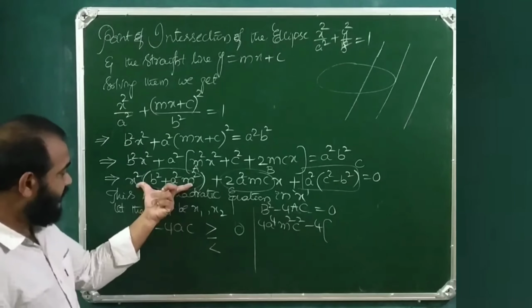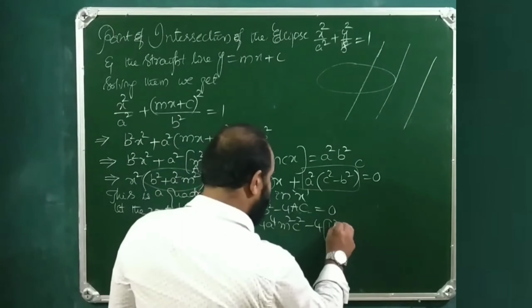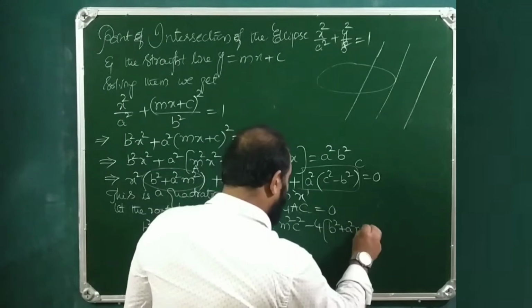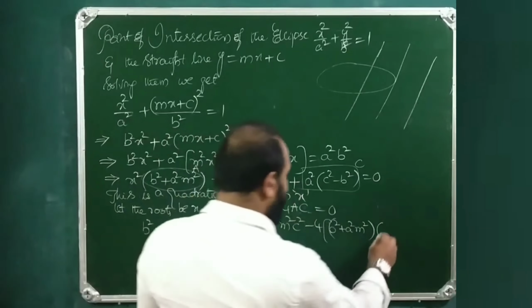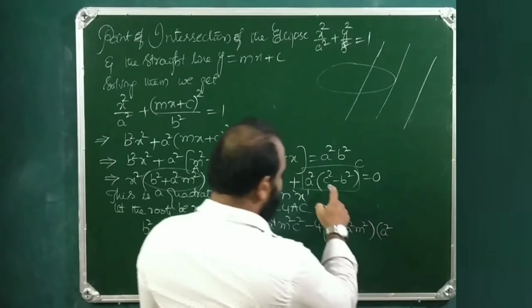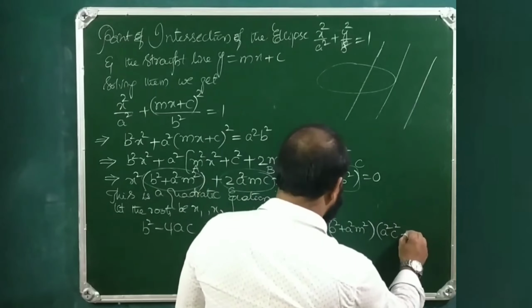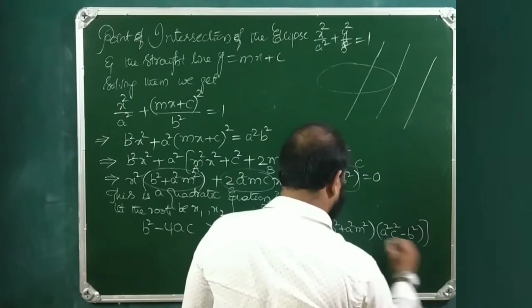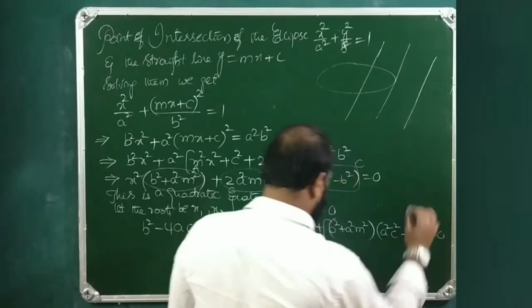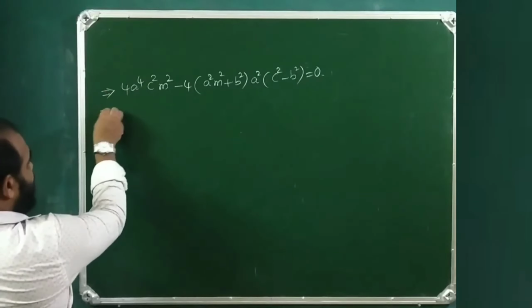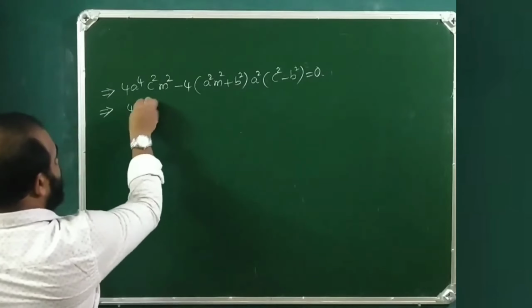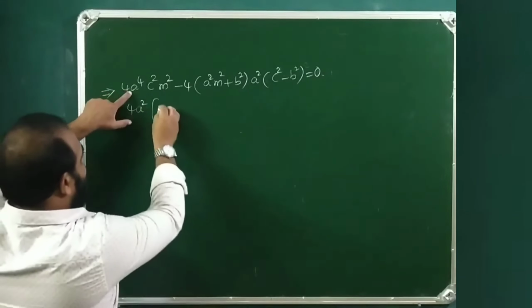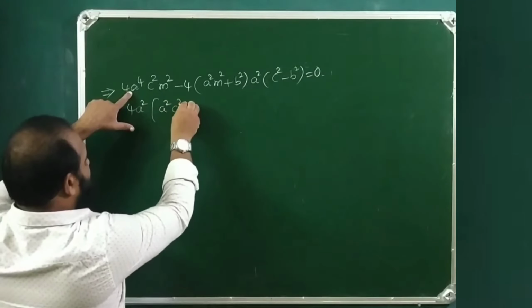A is (b square plus a square m square), and C is a square (c square minus b square), equals 0. This implies, if you take 4a square common, then we will have here a square c square m square.